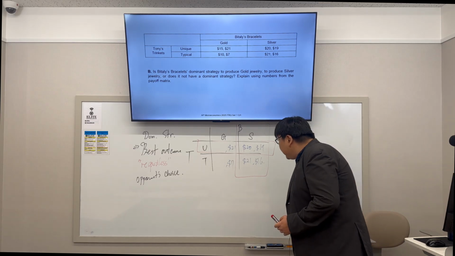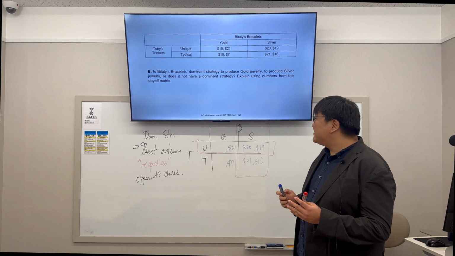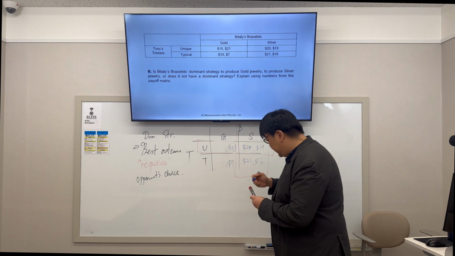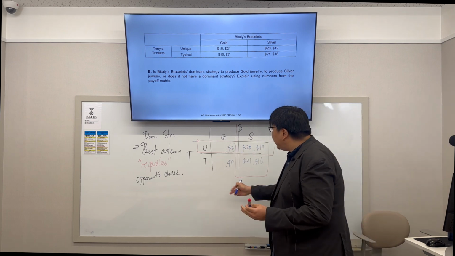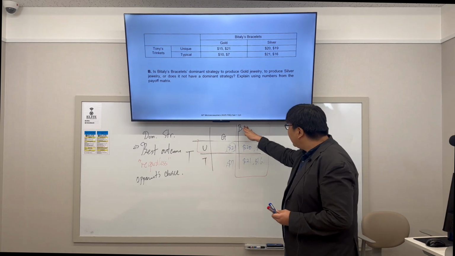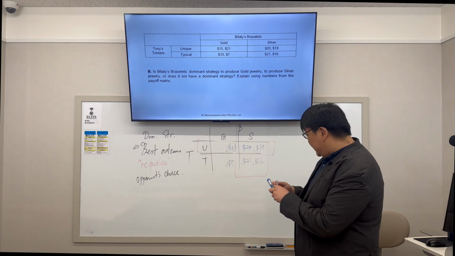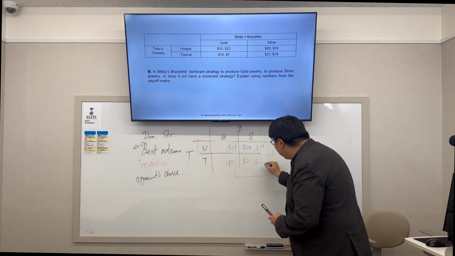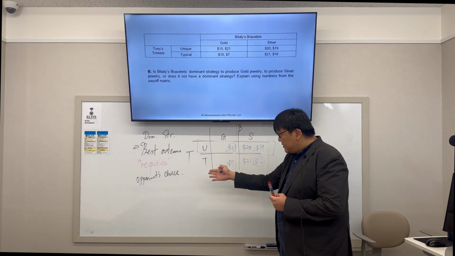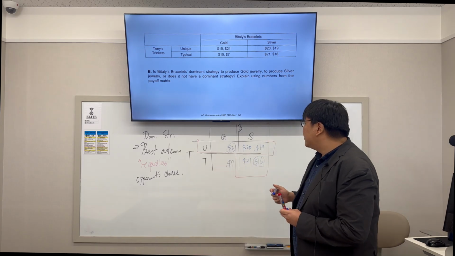Then it is clear from comparing the numbers that Beetle's Bracelets should produce gold instead of silver, because it gives the higher payoff. Similarly, in the case of typical jewelry, it is best for Beetle's Bracelets to produce silver, against Tony's strategy to produce typical jewelry.